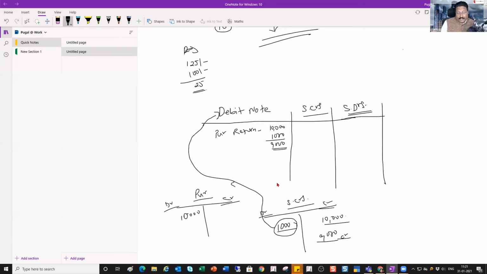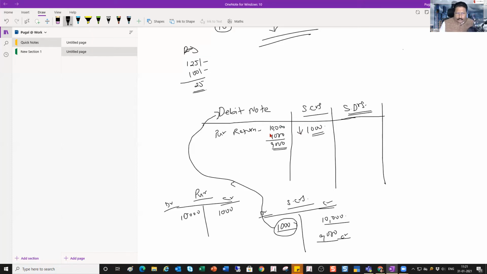So this is what we saw in the last session, a note made on the debit side of your supplier. And obviously you are going to credit your purchase so that your purchase value is also going to come down, and your outstanding to your sundry creditor is also going to come down, right? So you're going to pass 1,000 rupees in the debit note, which is going to reduce your outstanding.